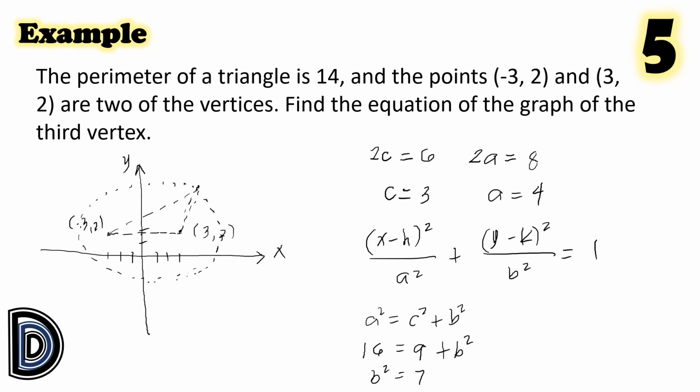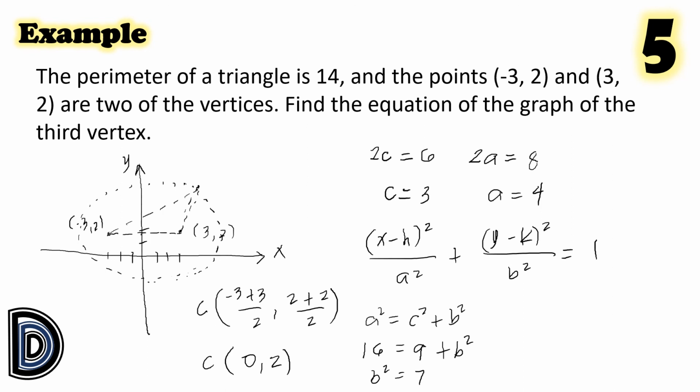Now looking for the center of the ellipse, that would be the midpoint of the two foci. So the midpoint of negative 3, 2 and 3, 2 will be negative 3 plus 3 over 2 and 2 plus 2 over 2. That is the sum of the x coordinates over 2, comma, sum of the y coordinates over 2. Therefore, the center of the ellipse is at 0, 2.